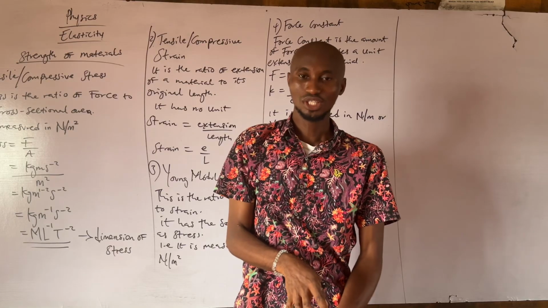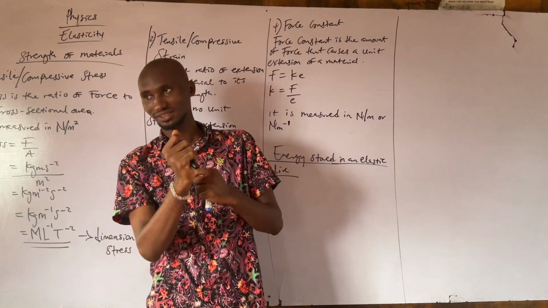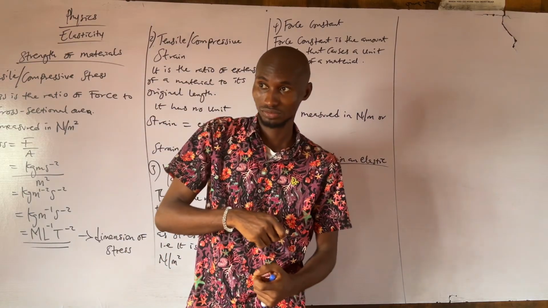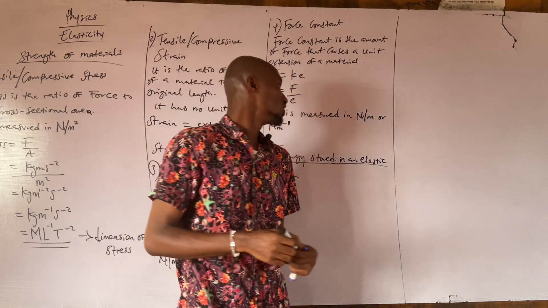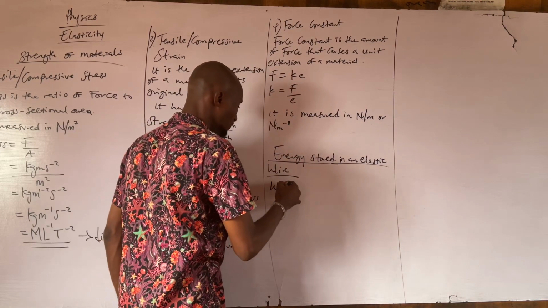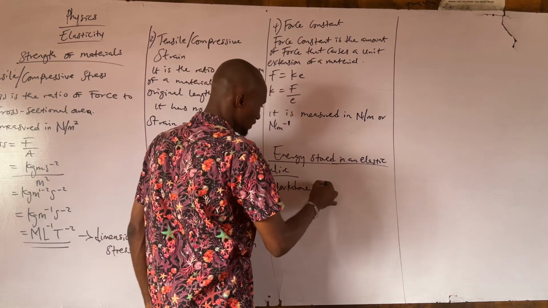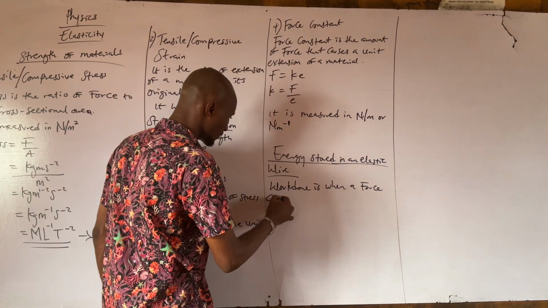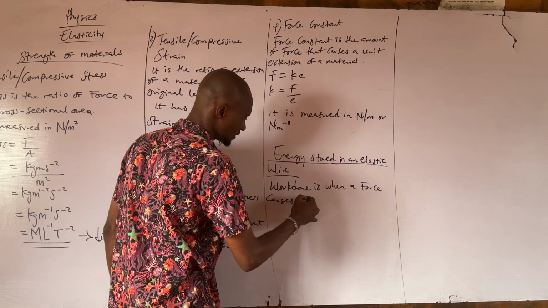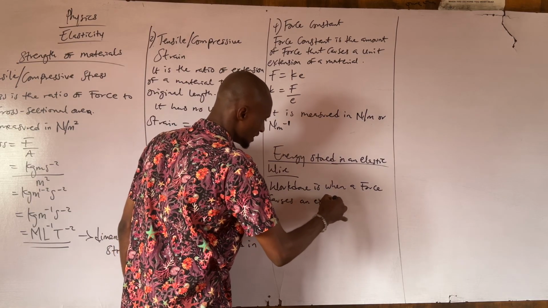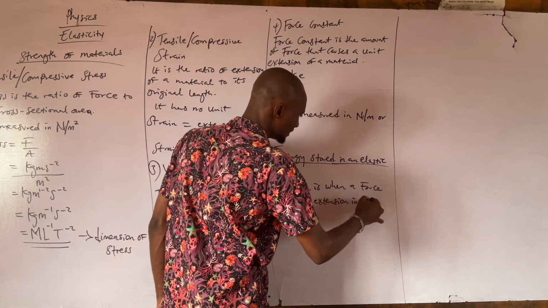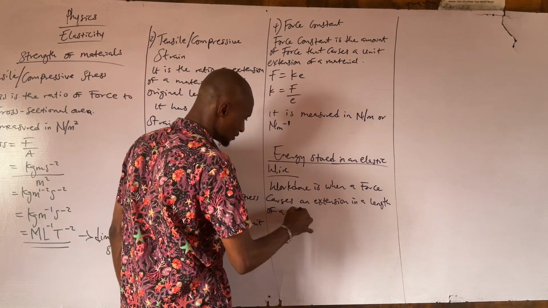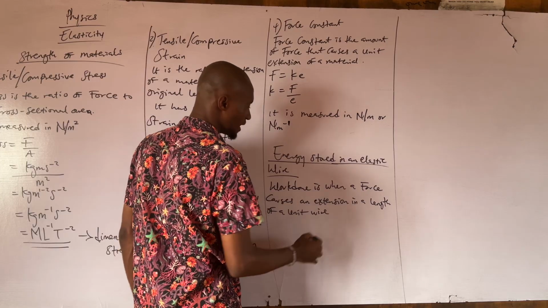So that compressed spring will extend. That means work has been done on it. So we can now say that work done is when a force causes an extension in the length of a wire.